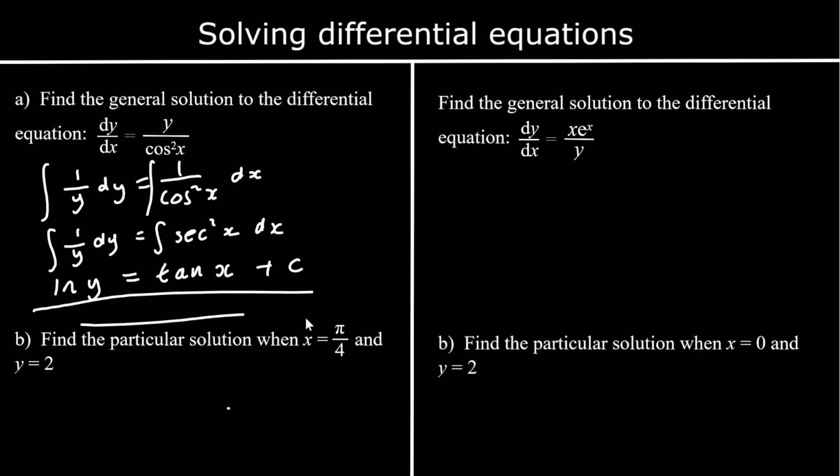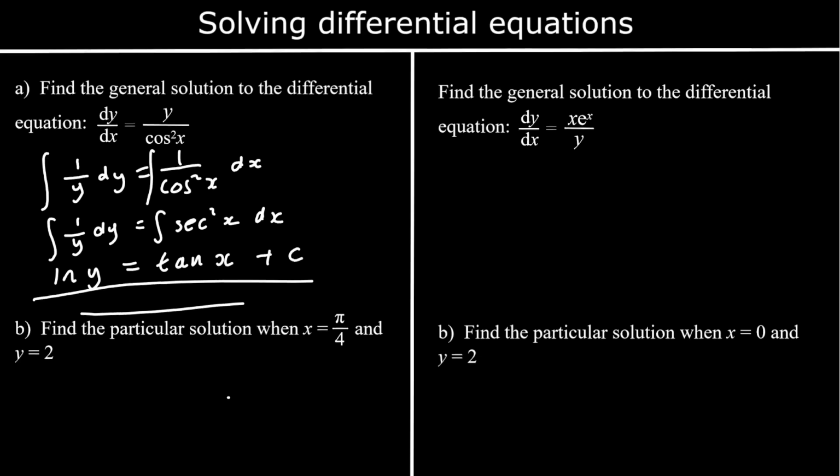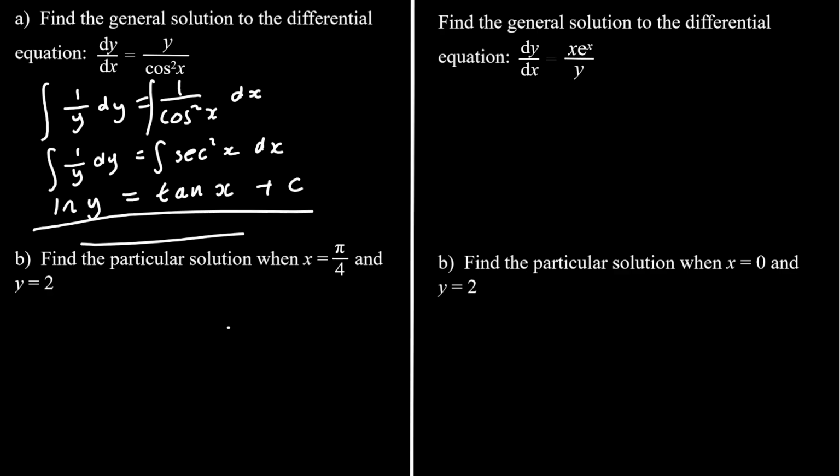Find the particular solution when x is pi over 4 and y equals 2. So we're going to substitute in pi over 4 and 2 and find out what c is. So we're going to get log 2 equals tan pi over 4. Tan 45, tan pi over 4 is 1, plus c.